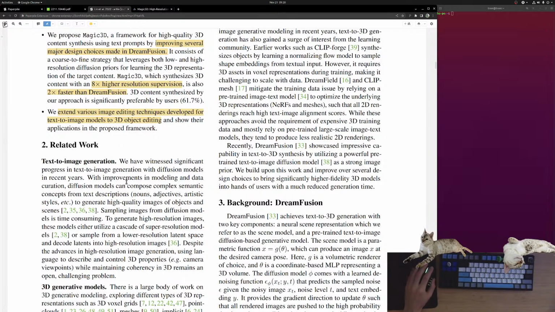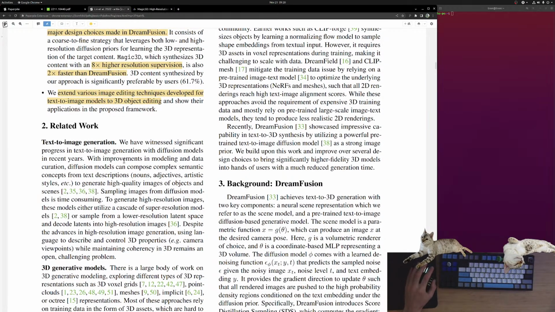Okay, text to image generation, related work. They're basically gonna talk about diffusion models here. Diffusion models can compose complex semantic concepts from text descriptions. Cascade of super resolution models.